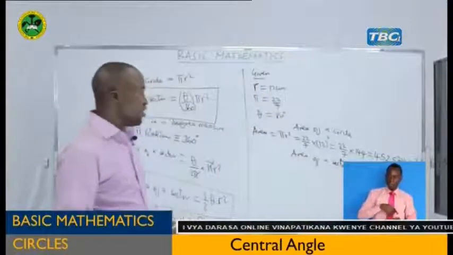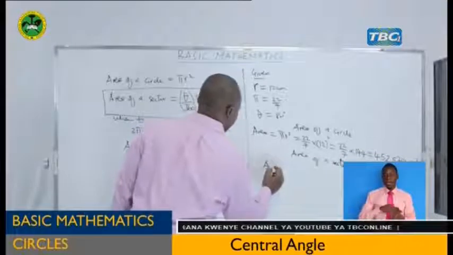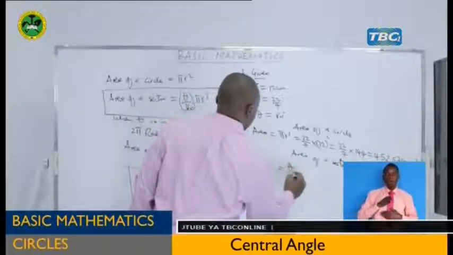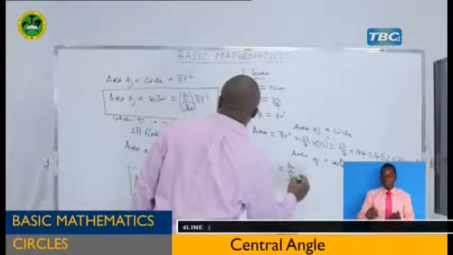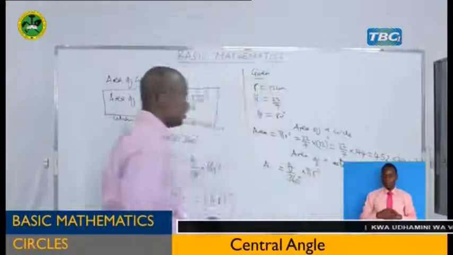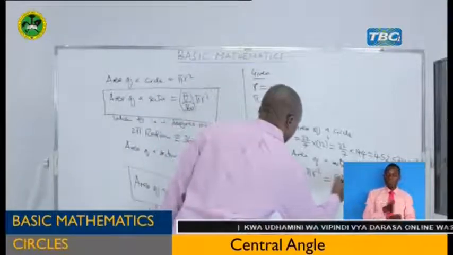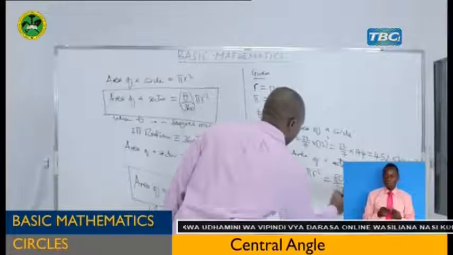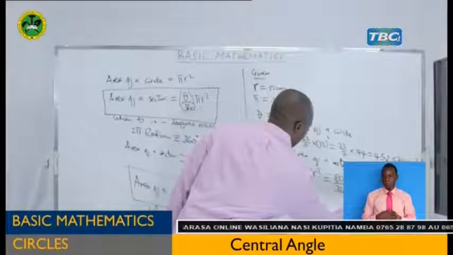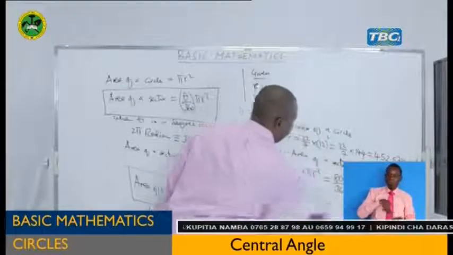Now in this case, area of a sector is equal to theta over 360 times pi r squared. So in this case, we have 80 degrees over 360 times 22/7 times 12 squared.